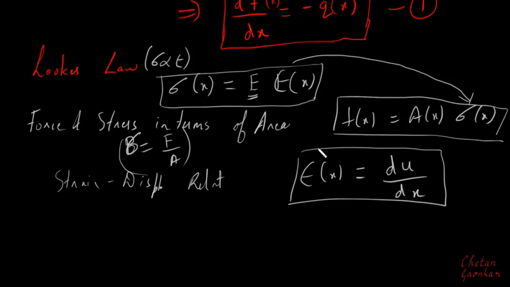And then further, what is epsilon x? Epsilon x is this, right? So finally epsilon x will be du by dx, and then sigma x will be E du by dx.